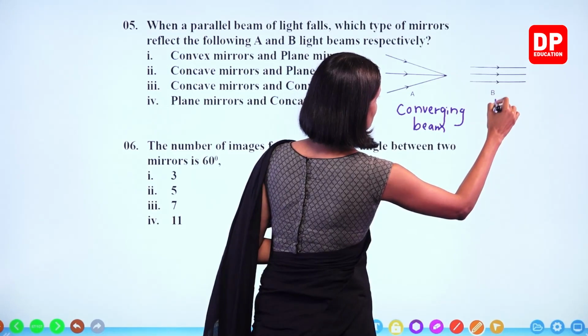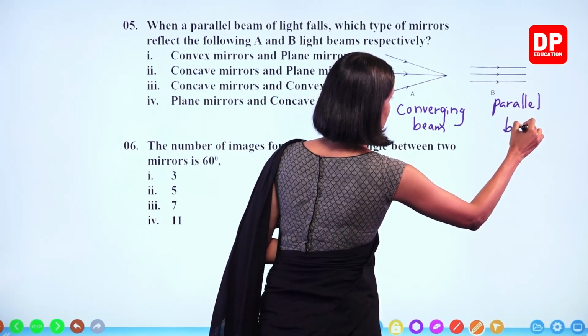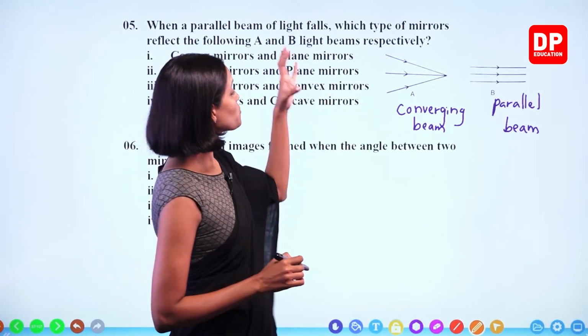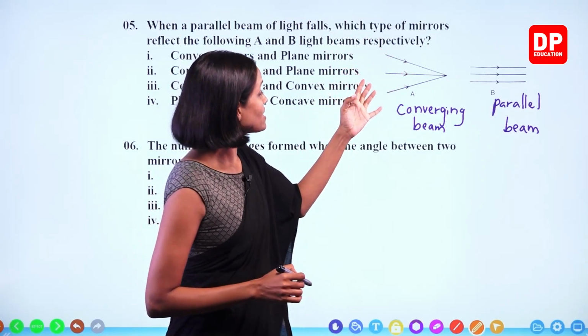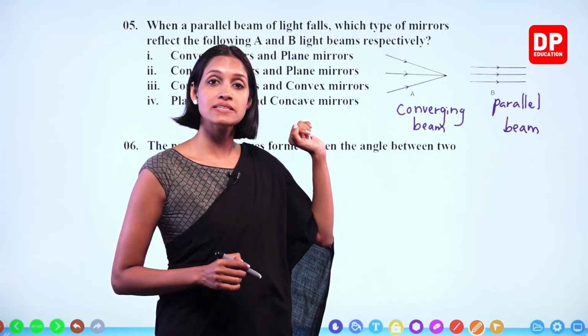This is a parallel beam. So, what type of mirror can change a parallel beam of light into a converging beam, children? That is concave mirrors. Therefore, A should be concave mirrors.